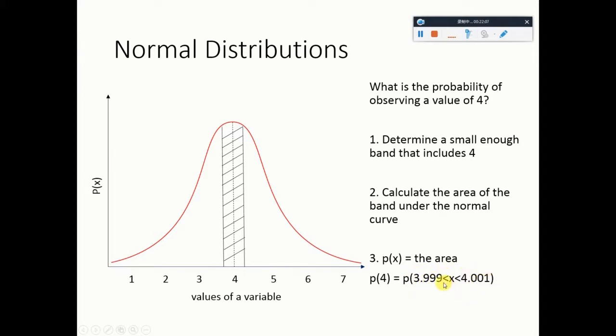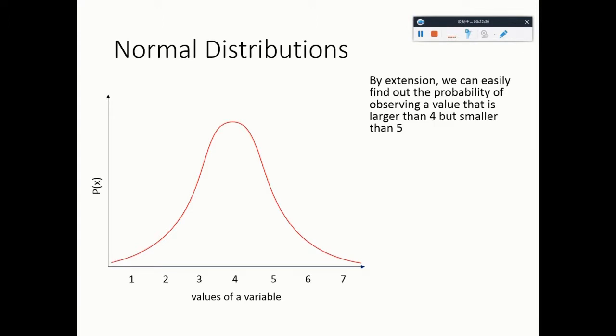So it could be 3.99999 or 4.00005. We'll consider the probability of observing those equivalent to the probability of observing 4.